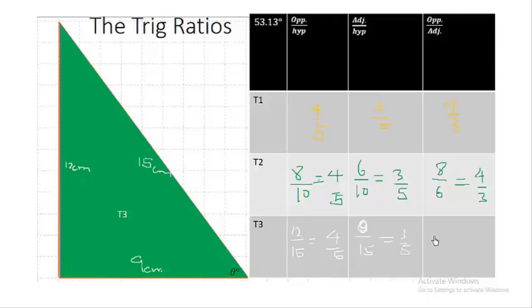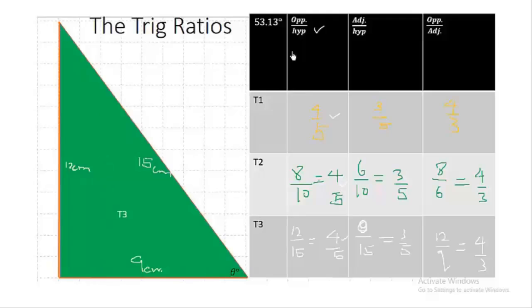Then we have 12 over 9, and this will simplify to 4 over 3. So we can see that for all the ratios, the values are constant despite different sizes of the triangle.